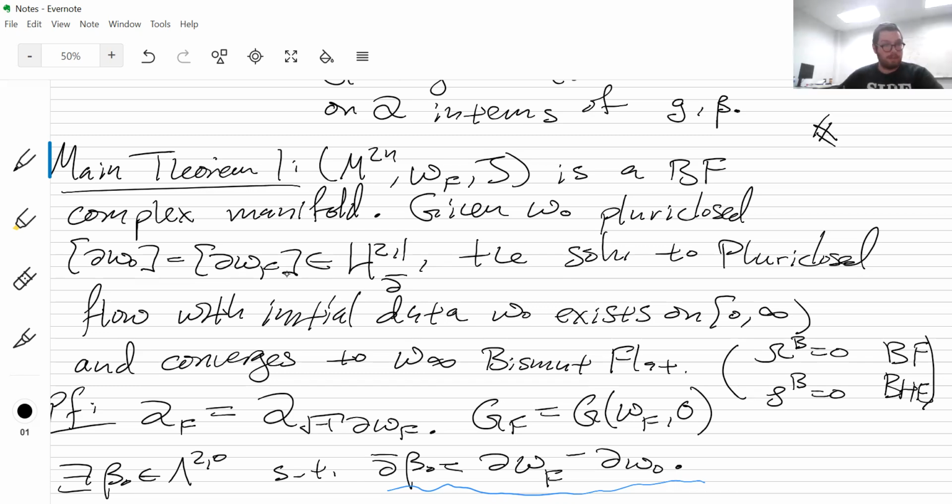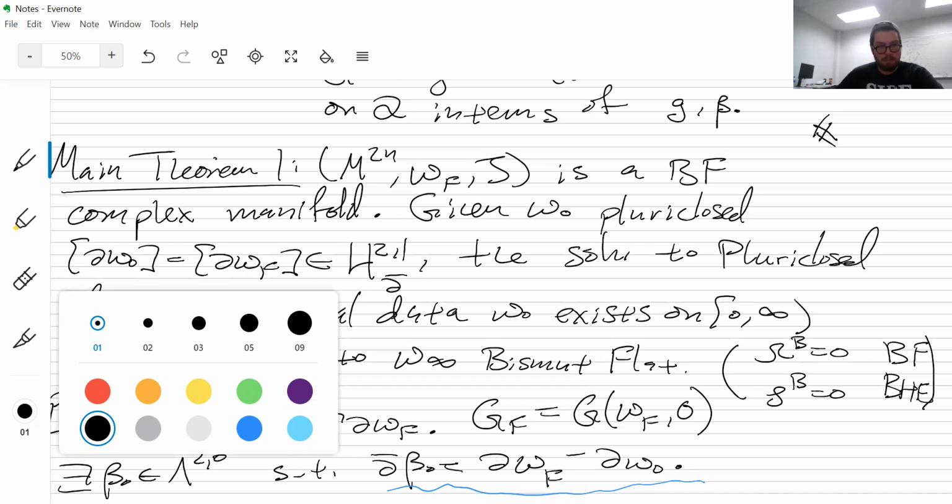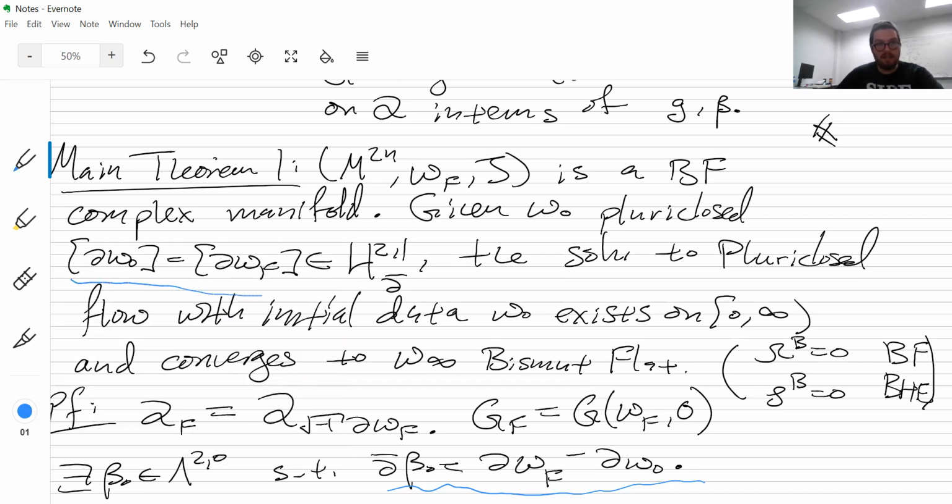So the Courant algebroid actually shows up here. This is a sneaky way of saying that the holomorphic Courant algebroids are isomorphic as holomorphic vector bundles. And then using that, we're able to rewrite pluriclosed flow as a Hermitian-Yang-Mills equation for Hermitian metrics on the holomorphic Courant algebroid.